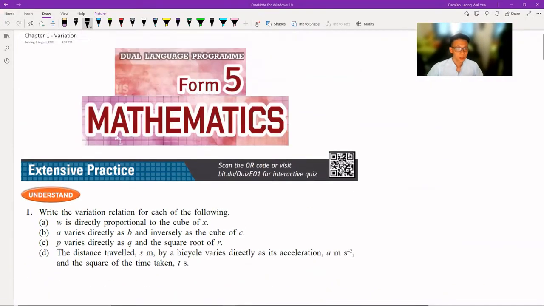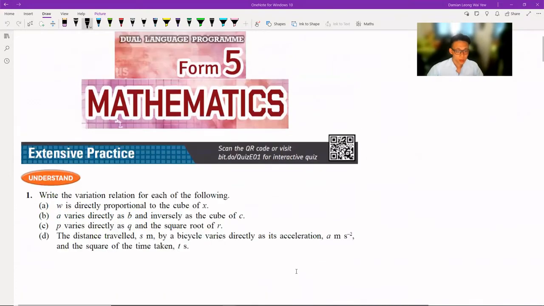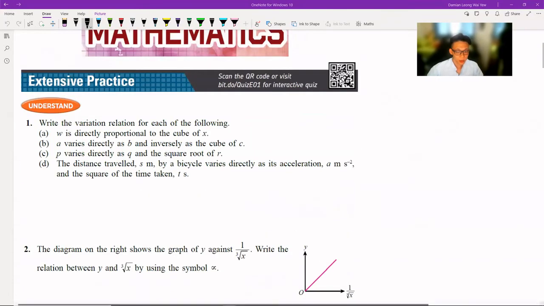If you look at question 1 here, write the variation relation for each of the following. If you want to express your variation relation, the symbol that we usually use is this one, which represents varying directly with.